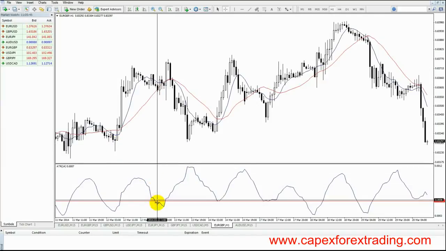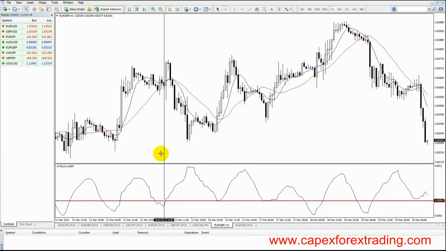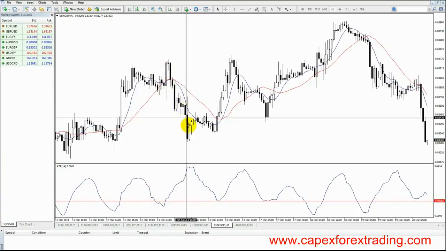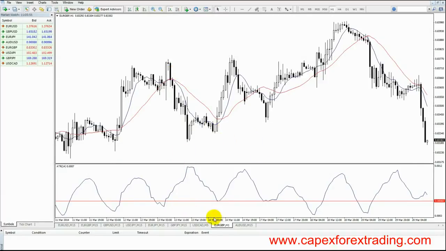And we've got the same here. We have a reading below the horizontal line, and we also have a new downtrend that begins at exactly the same point. Okay, so have a little play with your charts depending on which time frames you use. But if you are using the 1 hour time frame, a reading of 0.0006 should be good enough for you.